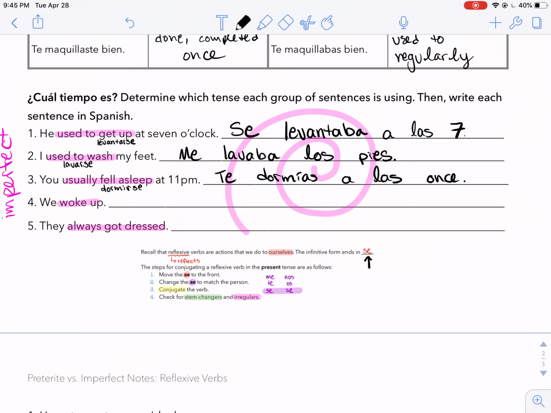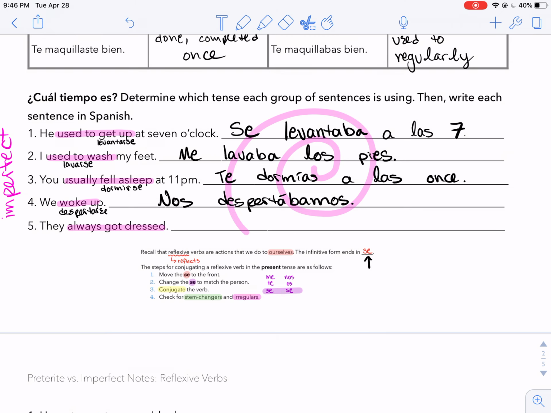And we woke up, that's despertarse, giving us nos despertábamos. But wait, Miss Van Dyke, it doesn't say we used to wake up, it says we woke up. Yeah, great question. That's because in English, we don't often say I used to wake up.